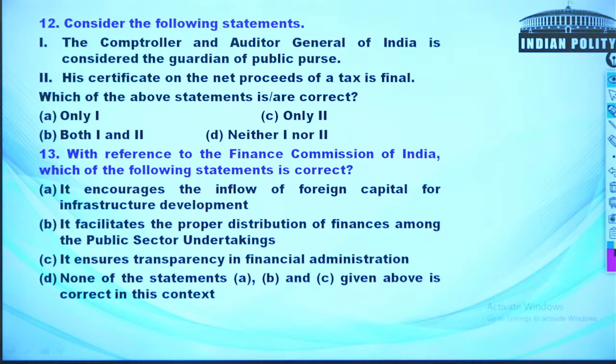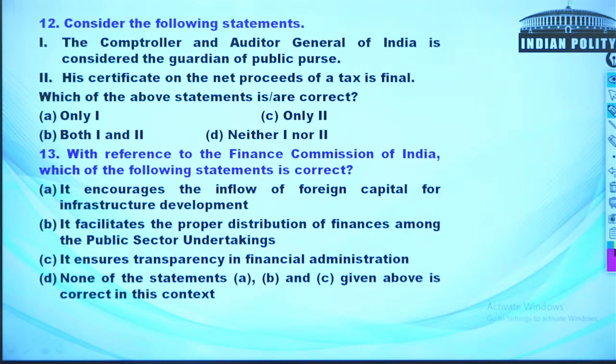Question number 13. With reference to the Finance Commission of India, which of the following statements is correct? It encourages inflow of foreign capital for infrastructure development. That is not the responsibility of the Finance Commission. The Finance Commission does three things: it distributes the net tax proceeds of the union government between the union and state governments.